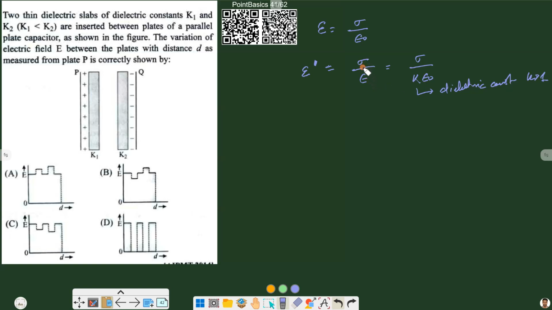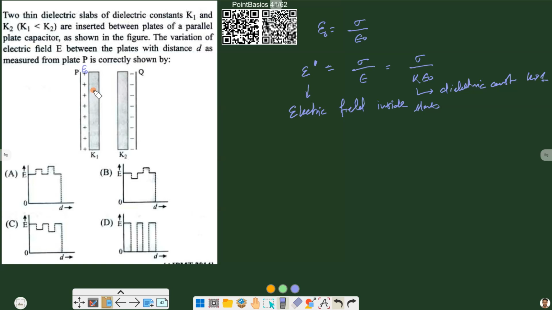So if we introduce some dielectric slab, this E dash represents the electric field inside the slab. If we mark here the empty space between P and this slab, the electric field value here will be E naught, and E naught is equal to sigma by epsilon naught.